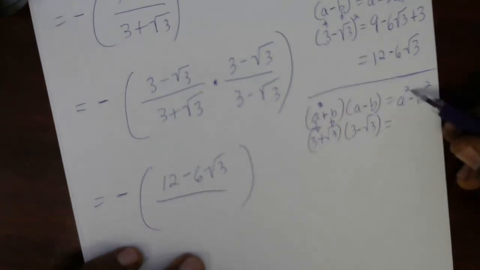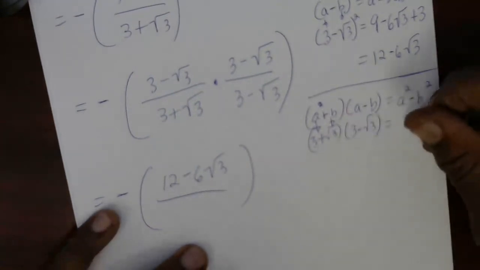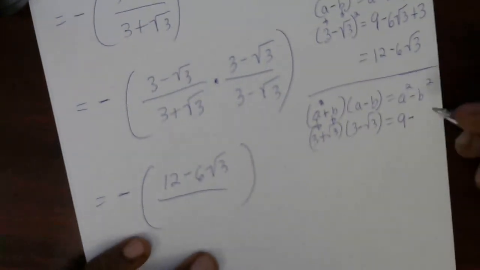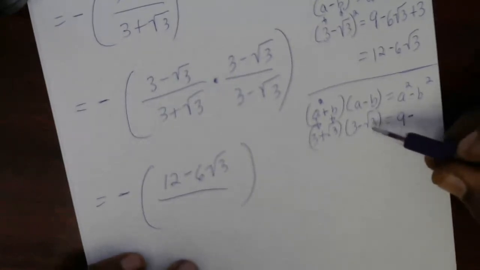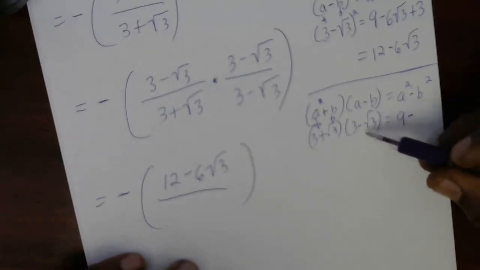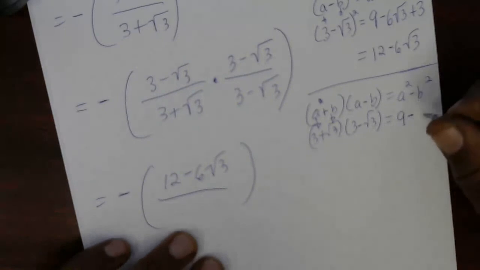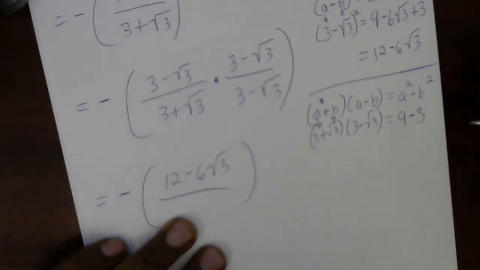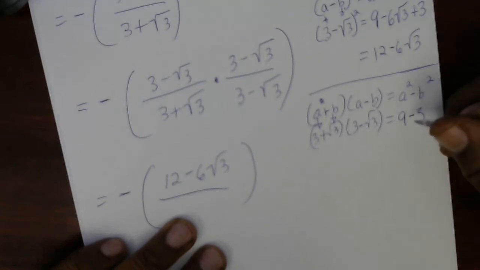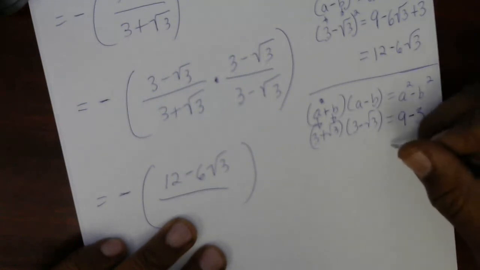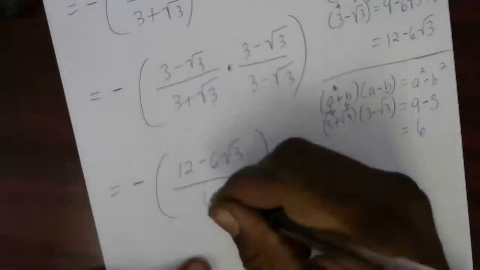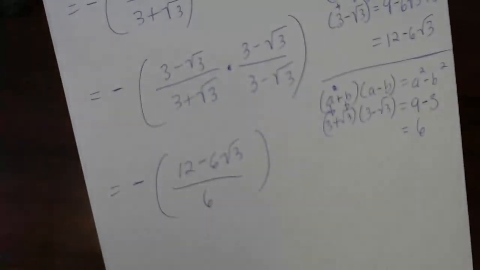If I square A, which is squaring 3, I get 9, minus, because that's part of the formula, B squared. The square root of 3 squared is 3, and 9 minus 3 is 6. So we have 6 in the denominator.